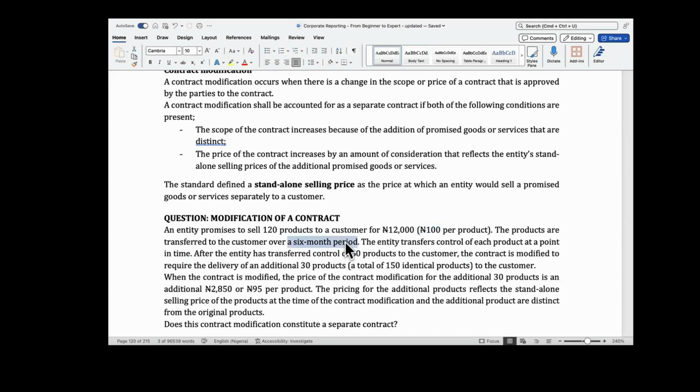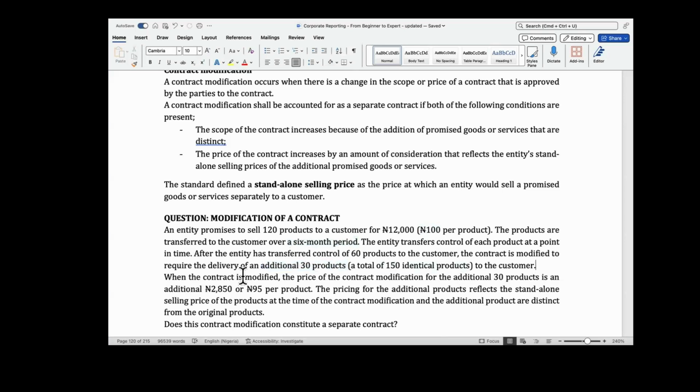The entity transfers control of each product at a point in time. After the entity has transferred control of 60 products to the customer, the contract is then modified to require the delivery of an additional 30 products, so a total of 150 identical products to the customer.